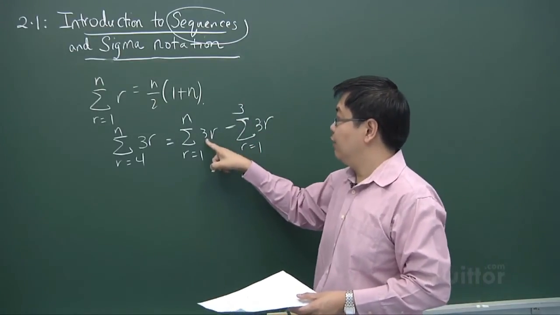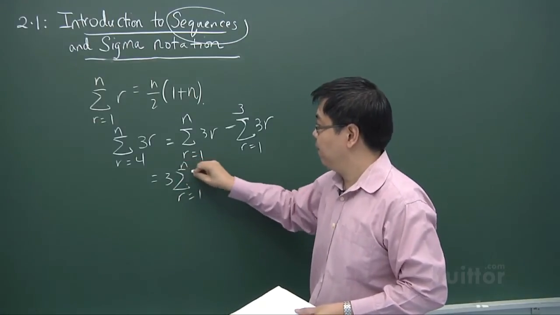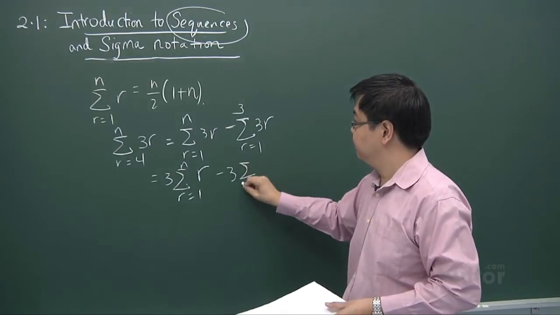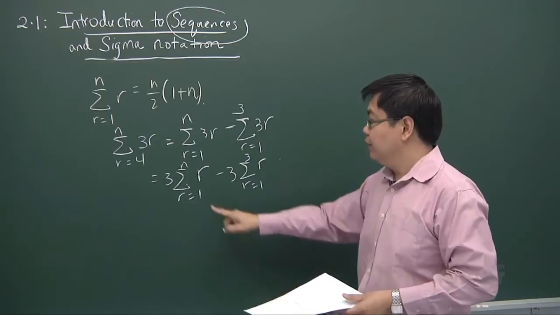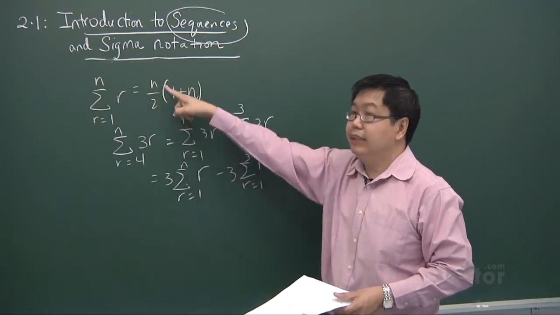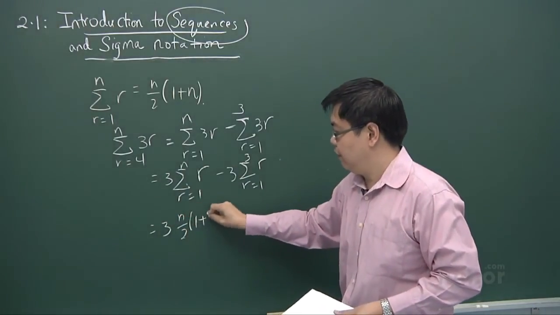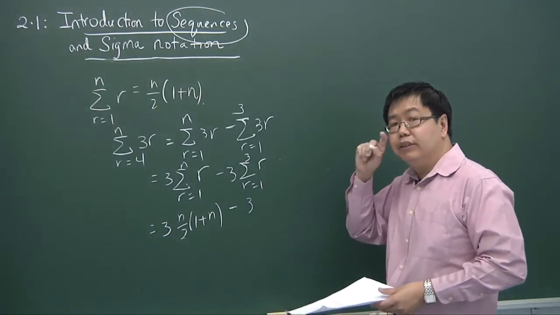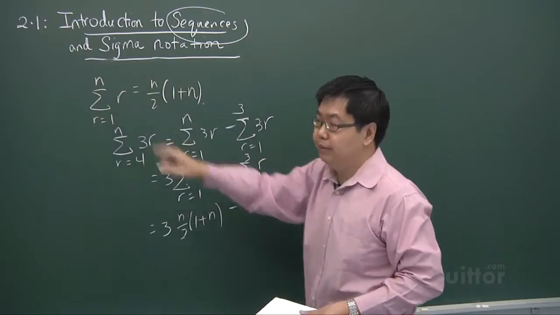And this 3r, you can always take the 3 out. And for this one, of course, same thing, right? Okay. So from 1 to n of r, you can apply this formula by leaving it as n. How about this one? If you want to sum up from 1 to 3, you can choose to put in n to be 3.